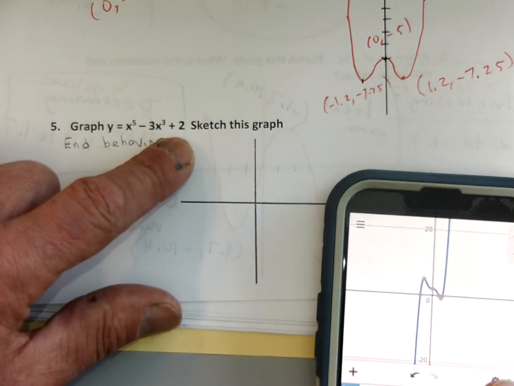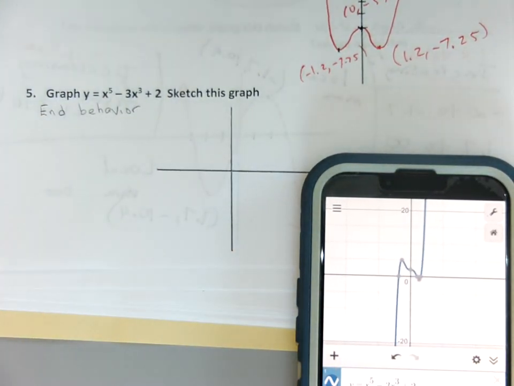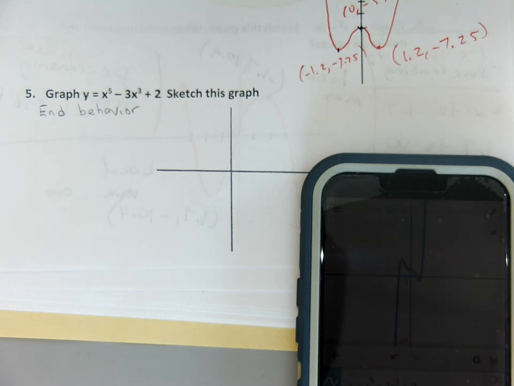Okay, there you go. This one's really weird because I'll zoom in. This one has a max, it has a min, it has an inflection point. I'll zoom in a little bit so you can see it.